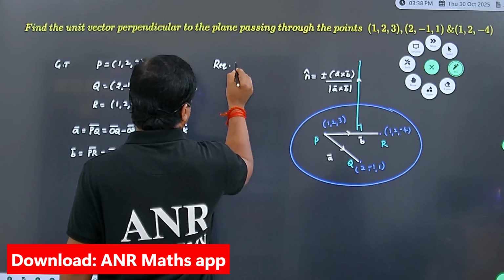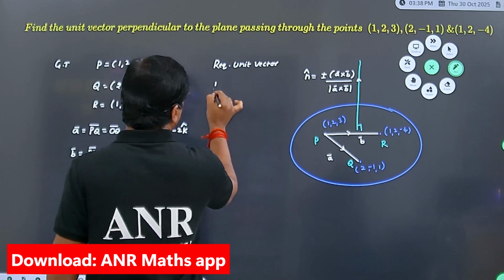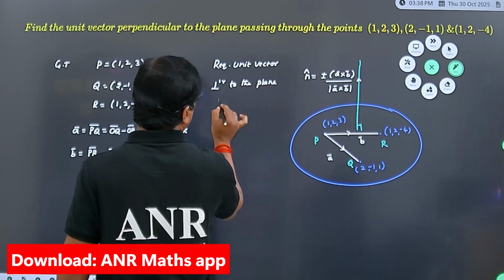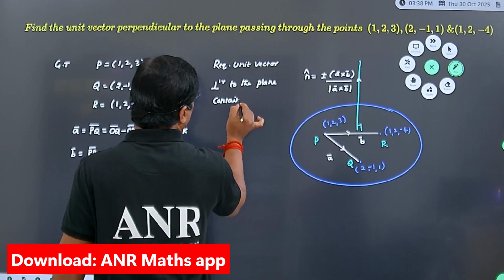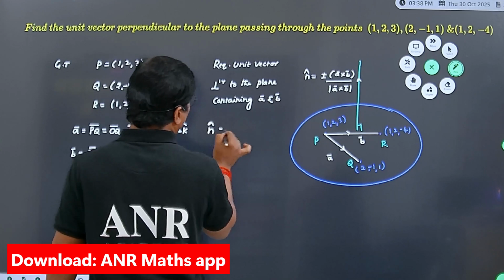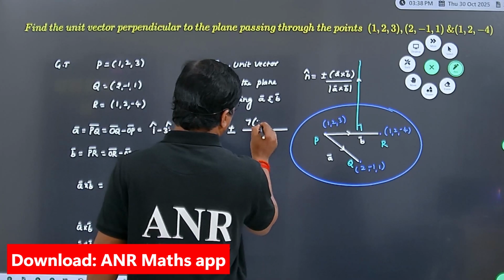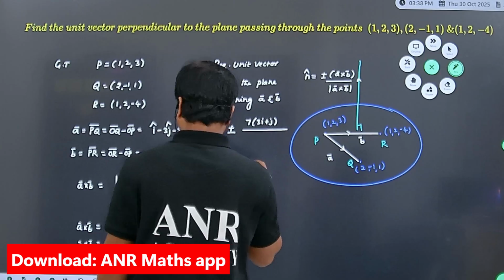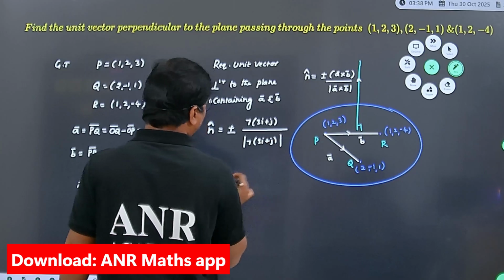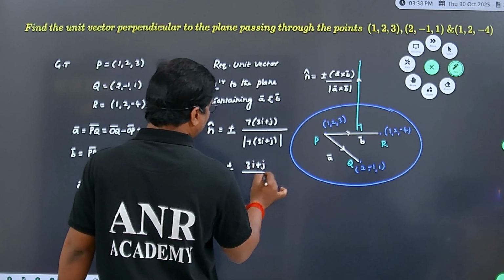Now I am going to write required unit vector perpendicular to the plane containing A bar and B bar is n cap equal to, you know the formula, plus or minus A cross B, that is 7 times of 3i plus j divided by modulus of 7 times of 3i plus j. 7 gets cancelled, so that n cap becomes plus or minus 3i plus j divided by root over 10.